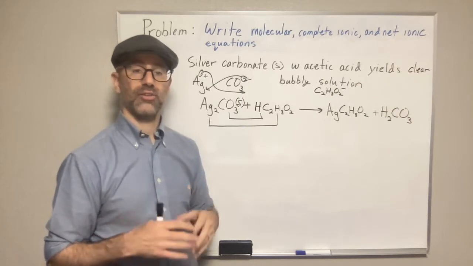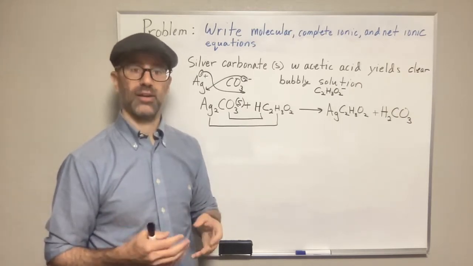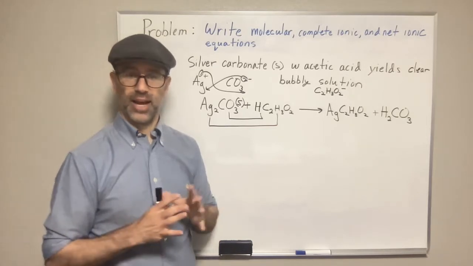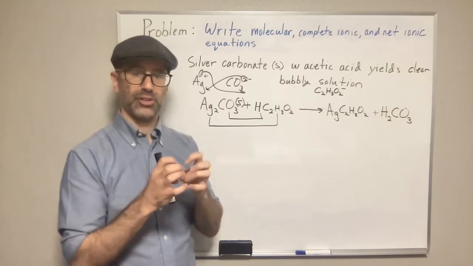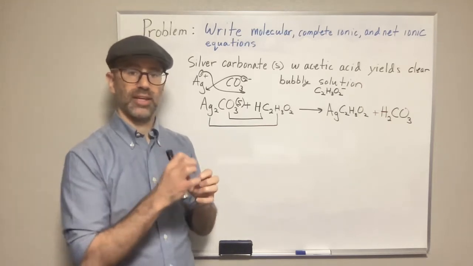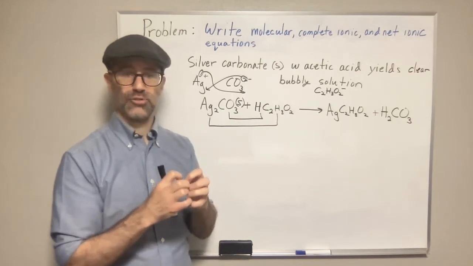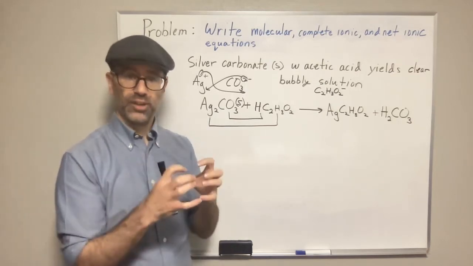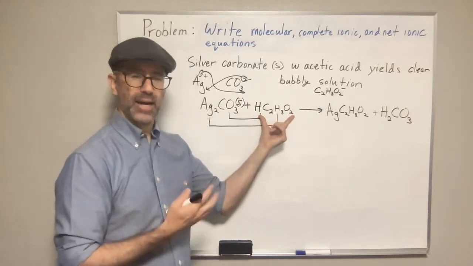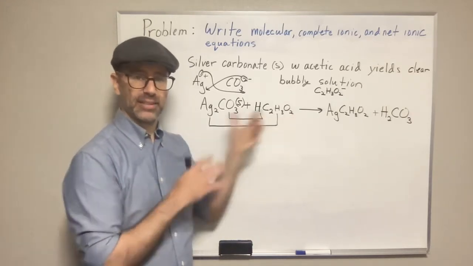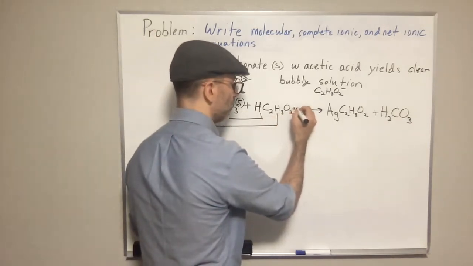So weak acids and weak bases, what defines them as weak is the fact that they hardly ever ionize into ions. They will stay together. The hydrogen will stay bonded with the other part of the molecule. So your acetic hydrogens do not come off very easily. They'll stay together. So this molecule, for the most part, by and large, stays like this. It doesn't come apart. But it will dissolve in water, so it's aqueous.